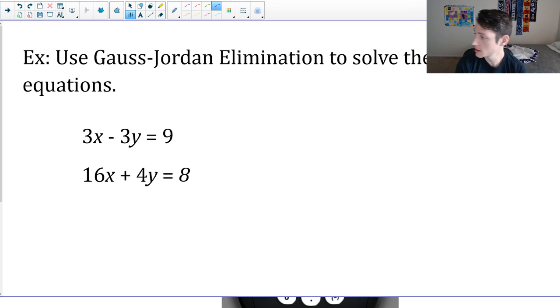So yeah, that's it here. Next time when we come back, we'll move to a bigger system. So we'll do kind of like a 3x3 system, maybe even a 4x4 system. That would be pretty intense.